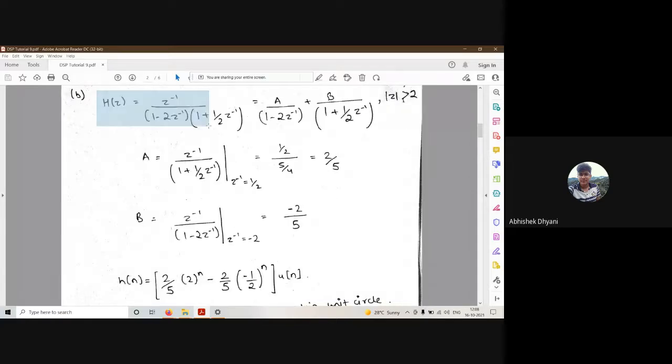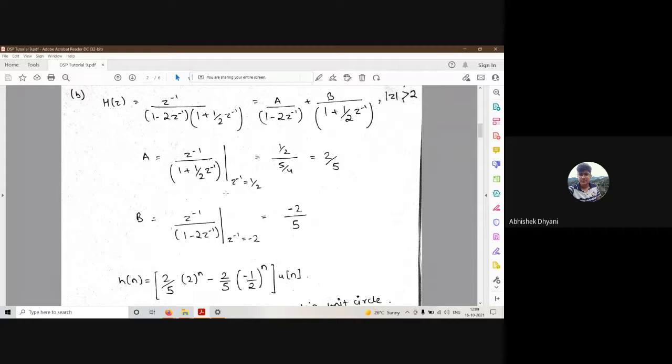We have this H(z), which I have rewritten here, and I can use partial fractions A and B over the denominators: A by the first factor plus B by the second factor. We have just calculated that |z| greater than 2 is the region of convergence. Then we calculate A and B by partial fractions. I take the remaining part and evaluate it at z^-1 equal to 1/2. That gives me A, which is 2/5.